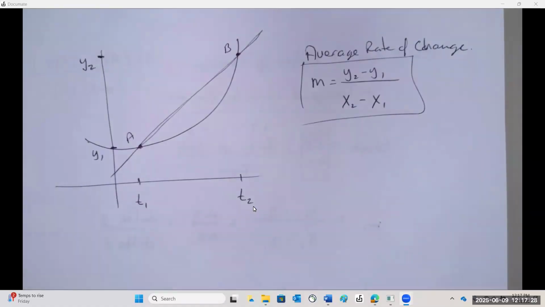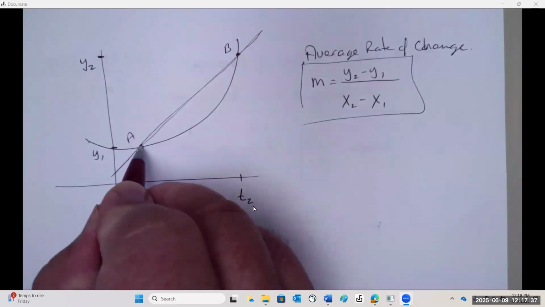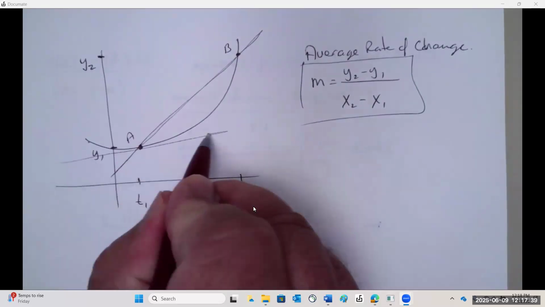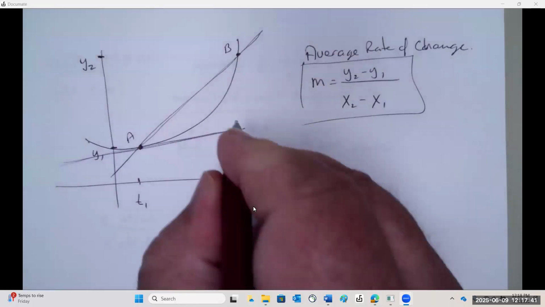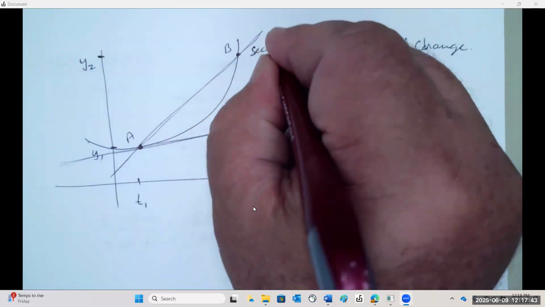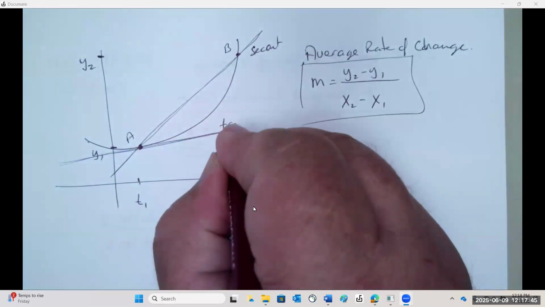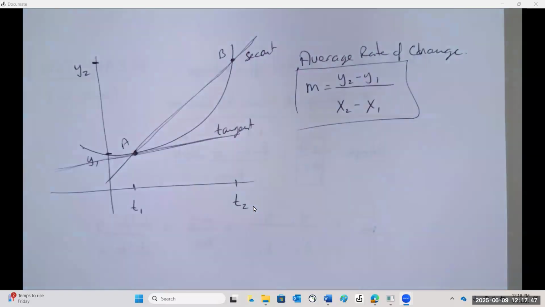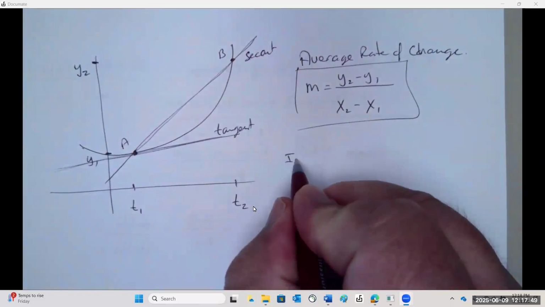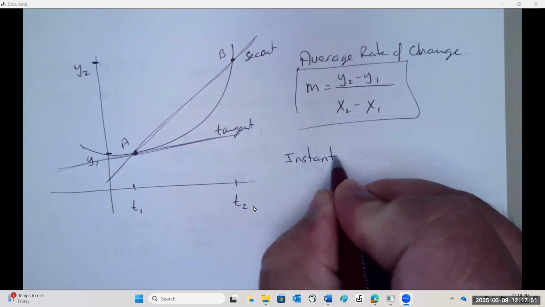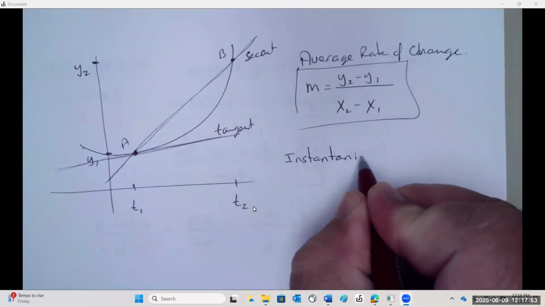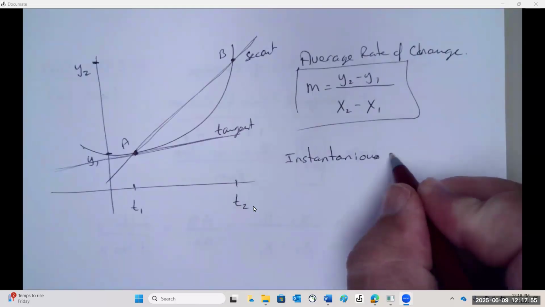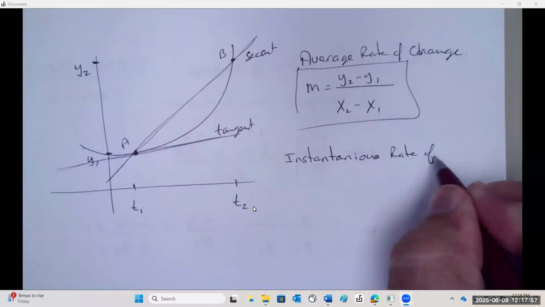But we just look at the entire picture. But if we want to know the rate of change of that point there, of the tangent, we want to know the instantaneous rate of change.